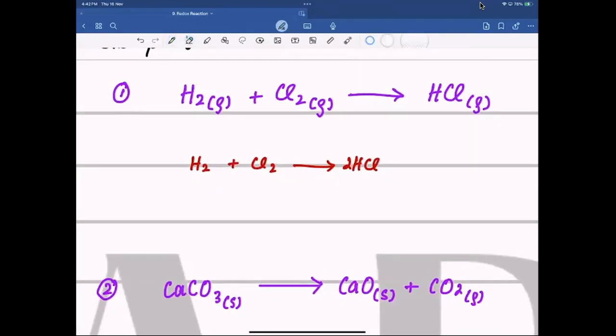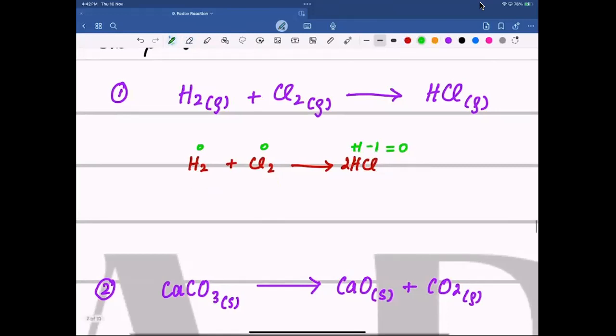So their oxidation number is going to be 0. And here it's a compound. In a compound, the net charge is 0, but elements do have their oxidation numbers. Chlorine is from group 7, so it is going to gain an electron to complete its octet. So chlorine is going to be turned into -1 and hydrogen becomes +1.